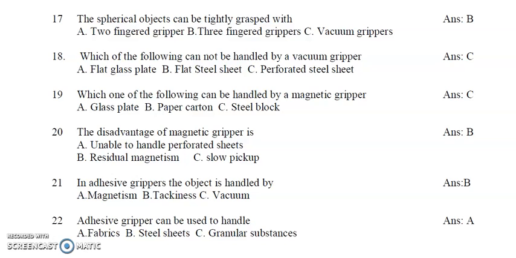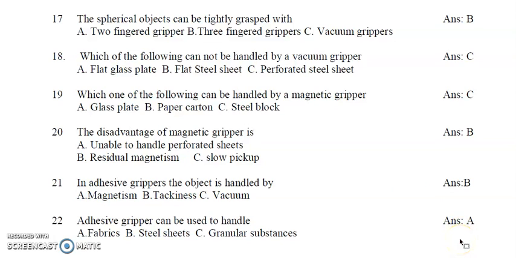Question number 20. The disadvantage of a magnetic gripper is A, unable to handle perforated sheets, B, residual magnetism, C, slow pickup.